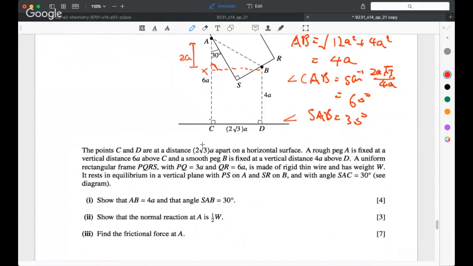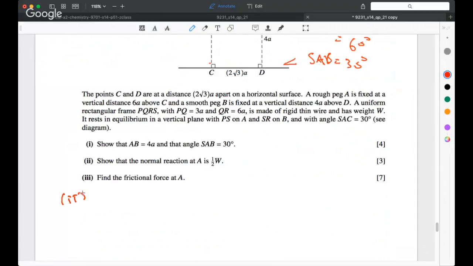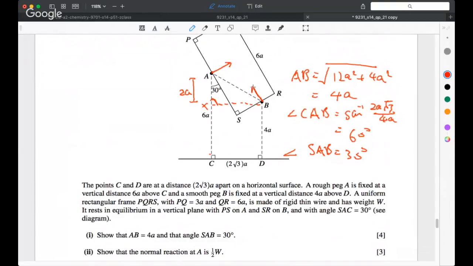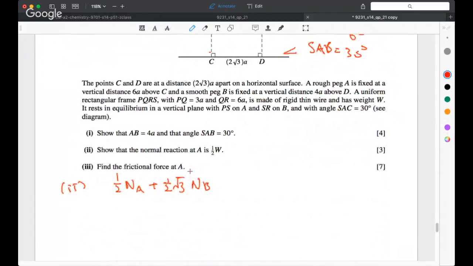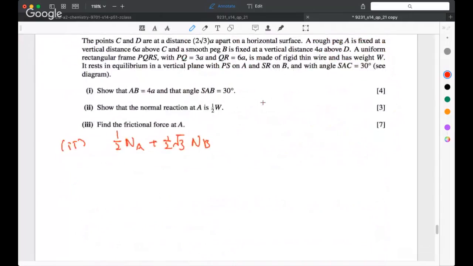Now I want to show that the normal reaction at point A is a half W. For this part, we need to resolve forces in the vertical and horizontal directions. In the vertical direction, we have a half NA, where NA is the reaction force at A pointing upwards, plus a half root 3 NB, the reaction force at B pointing upwards, where the half root 3 is found by working out the correct angle, plus a half root 3 times the friction provided at A, which must be equal to the weight because the system is in equilibrium.